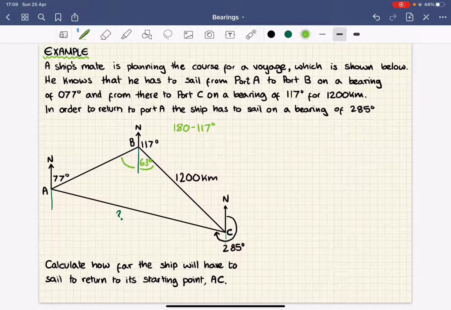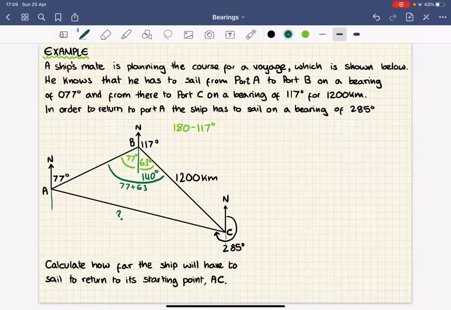So up here I've got 77 degrees. And suddenly I'm able to find out this total angle. 77 plus the 63, that is just going to give me 140 degrees.